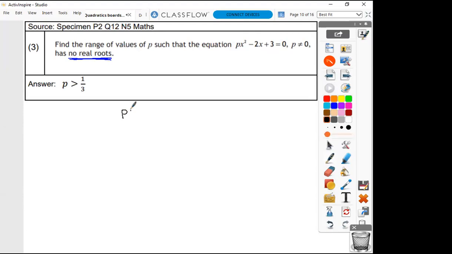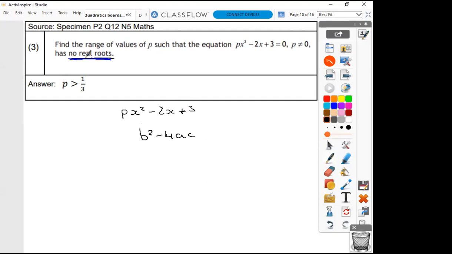So when do we write that? Px squared minus 2x plus 3. We're going to write it in the form b squared minus 4ac.